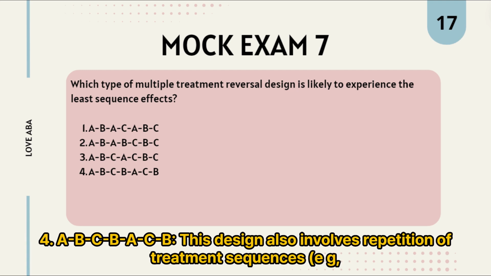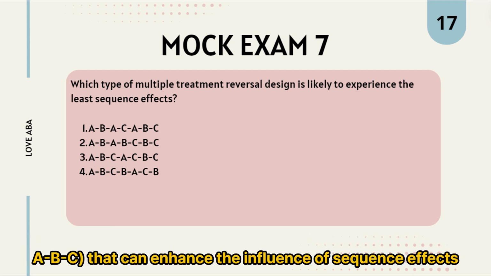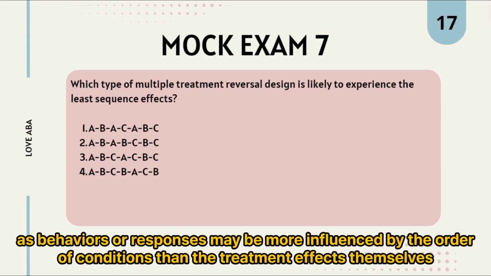ABCB. This design also involves repetition of treatment sequences, that can enhance the influence of sequence effects, as behaviors or responses may be more influenced by the order of conditions than the treatment effects themselves.